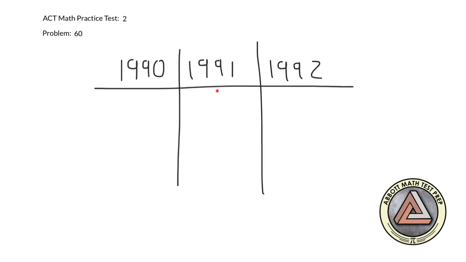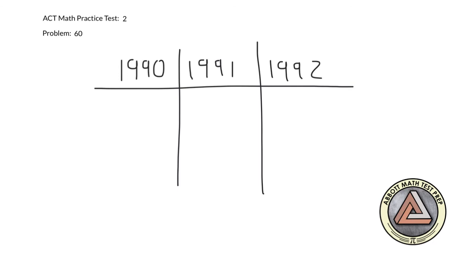And apparently in 1991, her best long jump distance increased by 10%, and then from there it increased by 20%. So most students would probably make the mistake of just adding 10% plus 20%, but that's kind of the classic mistake that you're going to want to avoid.